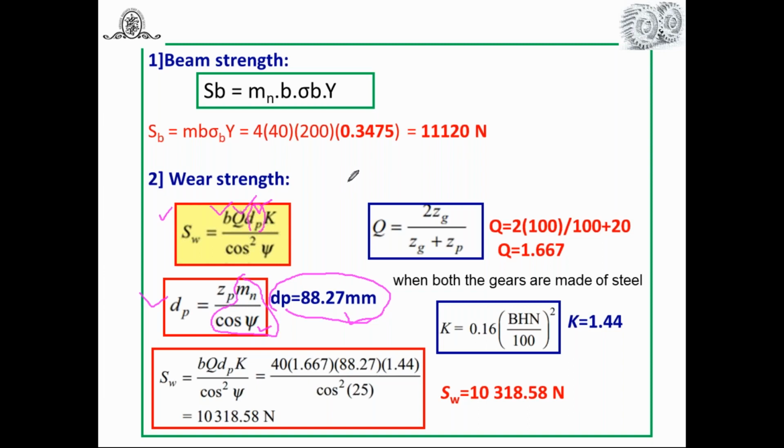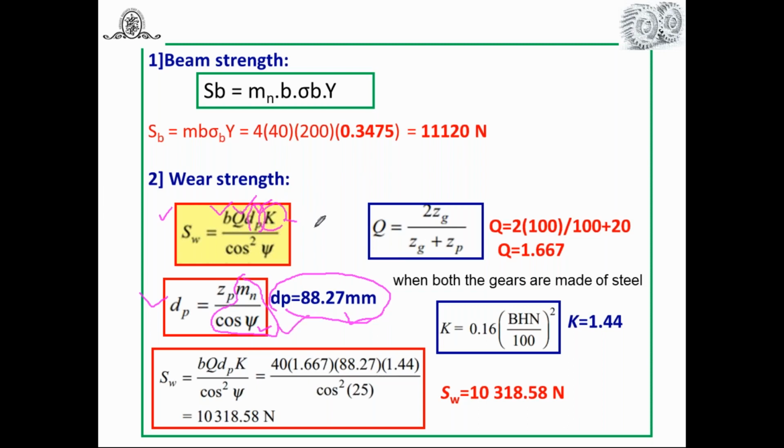Even in spur gear, what is the formula for SW? B Q dp into K. So don't use dg when the gear is weaker. Try to understand the gear strength relation and fitting criteria. SW is equal to B Q into dp into K upon cos square psi for helical gear, and for spur gear B Q into dp into K. It's not dg. Always you have to use dp there. Okay. Now you know the dp from this.